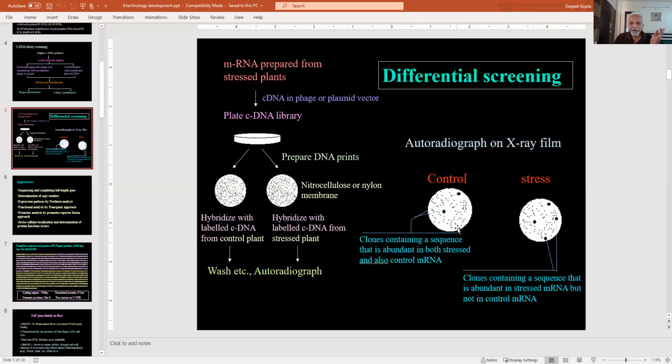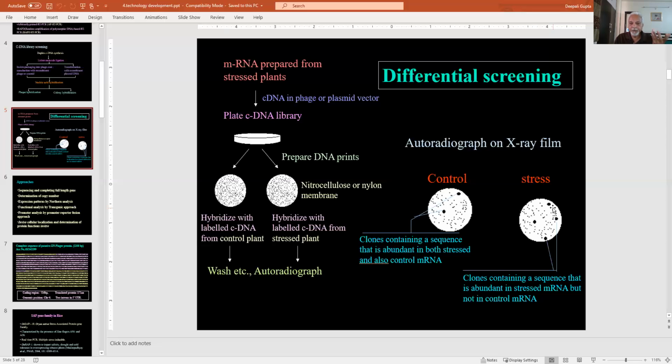You have various genes which were expressing under control conditions, which will hybridize to the genes which are present here. And then you have hybridized with the RNA prepared from stressed plants. If you overlap these two autoradiograms, you will see certain common spots hybridizing like this and this. They are common.